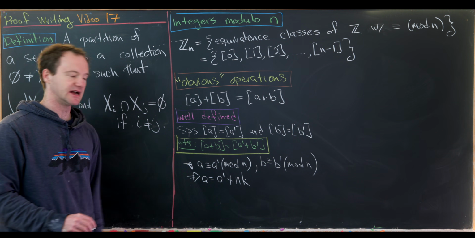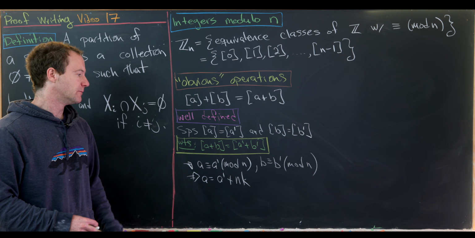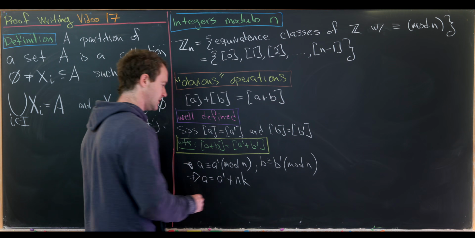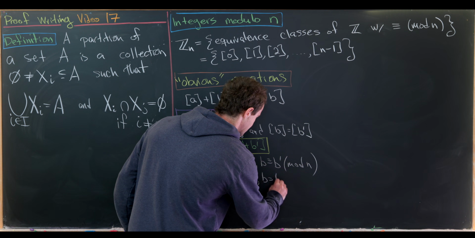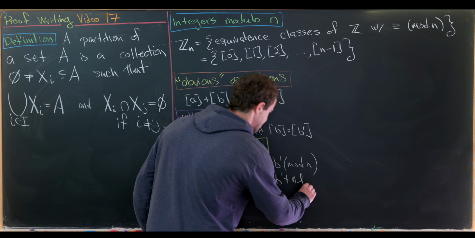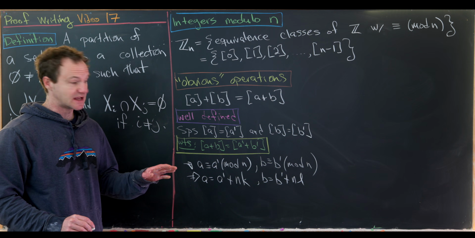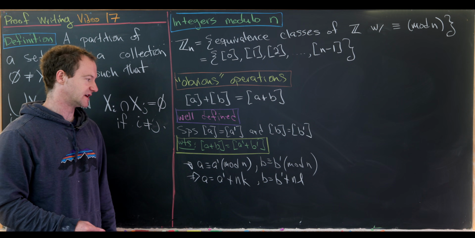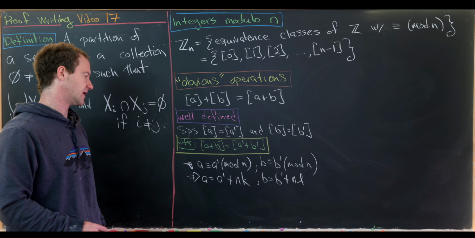That's because n divides A minus A prime by the definition of congruence mod n. And then likewise, B is equal to B prime plus n times L for an integer L. Same sort of thing, n divides B minus B prime by the definition of congruence mod n.